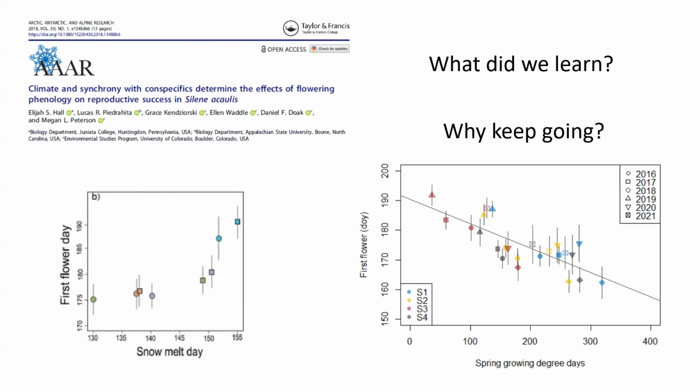But I still struggle to explain what growing degree days are, so we decided it would be easier to just give you temperature and snowmelt to play around with, because those are pretty intuitive on their own. But yeah, that's just to say that by collecting this data over 6 years, we sort of learned that we needed to think very carefully not just about snowmelt, but also how warm it is after the snow melts.